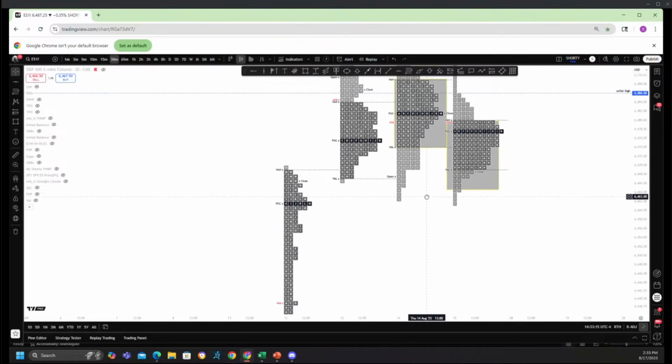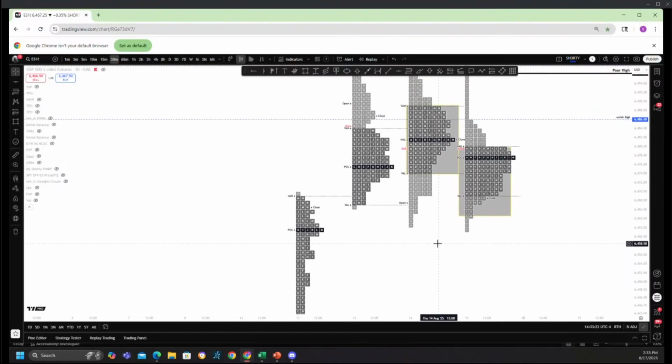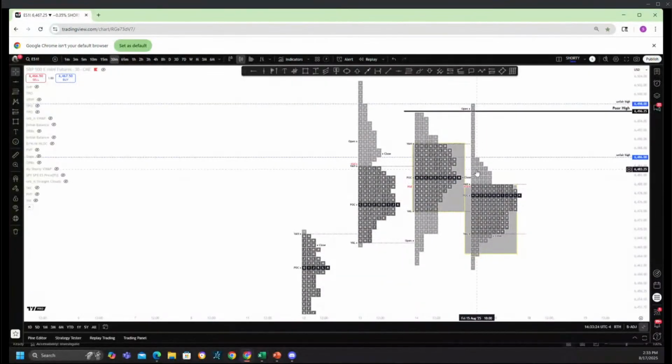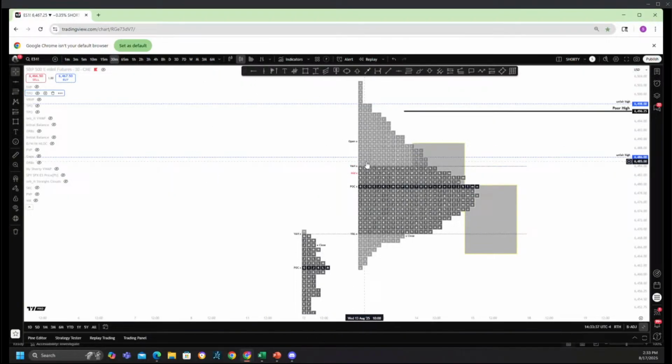In order to break out of a 3-day balance, can you guys do it, or do you need something else? The time frame participants. You need other time frame participants. So now if I merge this profile, what type of day should this 3-day look like? Uppercase B. Think again. It's going to be a perfect D shape.